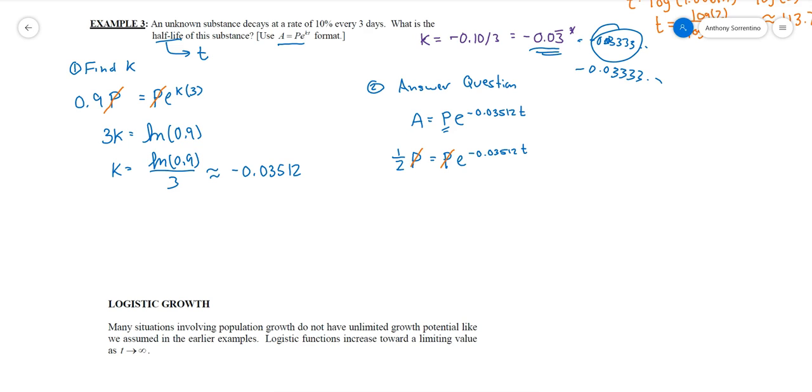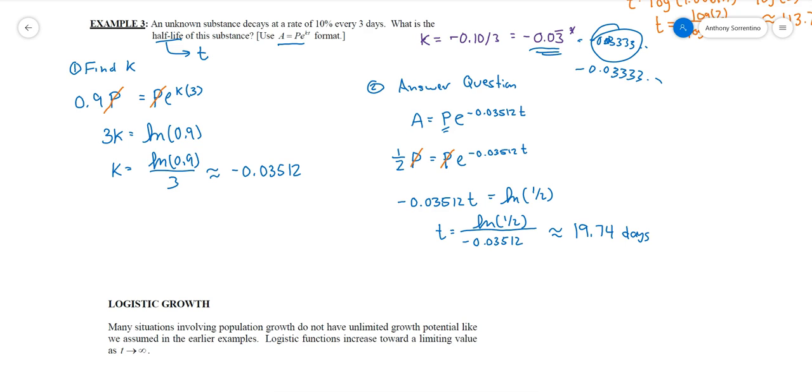0.03512t, and I would natural log both sides, so I would have that negative 0.03512t is going to be the natural log of 1/2, which means t is going to be the natural log of 1/2 divided by negative 0.03512, and that's going to be approximately equal to 19.74 days.